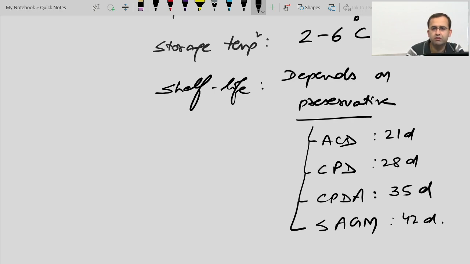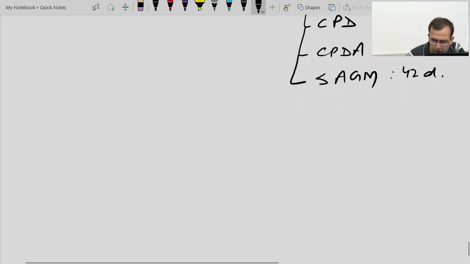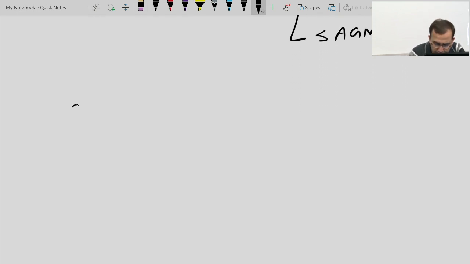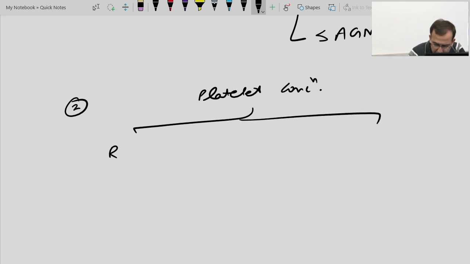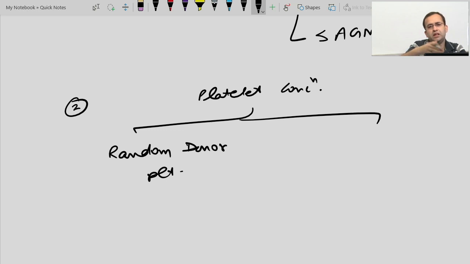So this was the first one, that is RBC concentrate. The next is platelet concentrates. I can get the platelet concentrates into 2 types. They can either be random donor platelets, that is, multiple people came. Suppose a patient had low platelet count because of dengue or whatsoever. His 4-5 relatives came and each gave 1 unit.